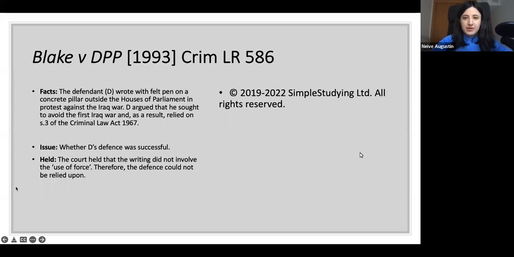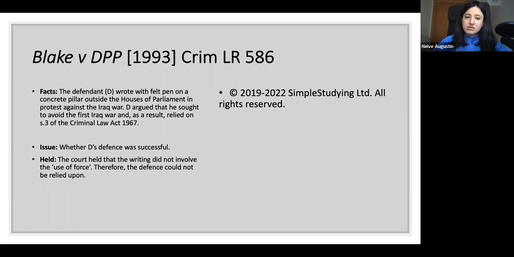Blake versus DPP. The defendant wrote with a felt pen on a concrete pillar outside the House of Parliament in protest against the Iraq war. The defendant argued that he sought to avoid the first Iraq war and as a result relied on Section 3 of the Criminal Law Act 1967.